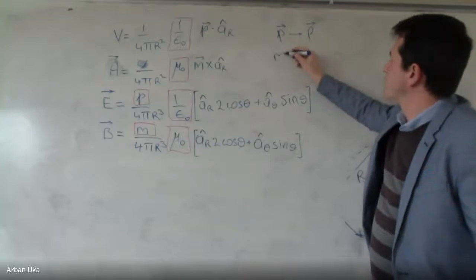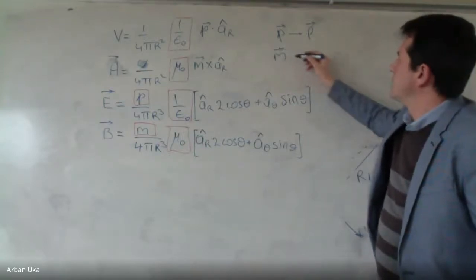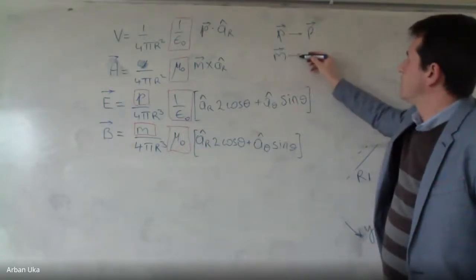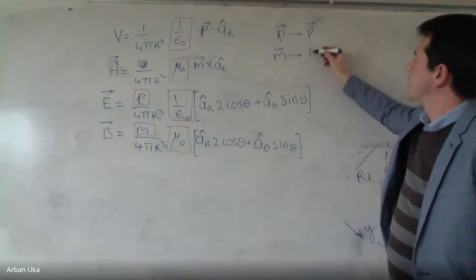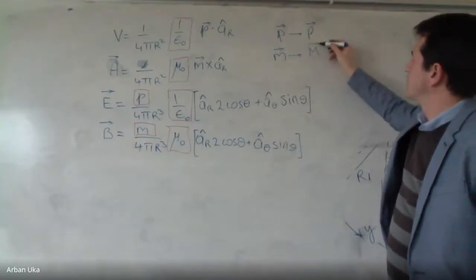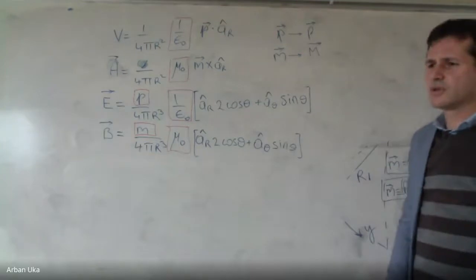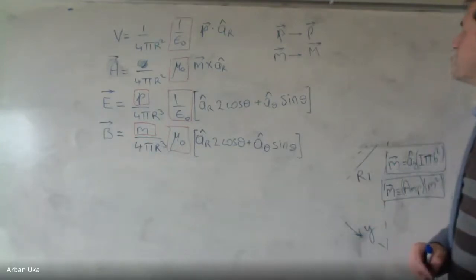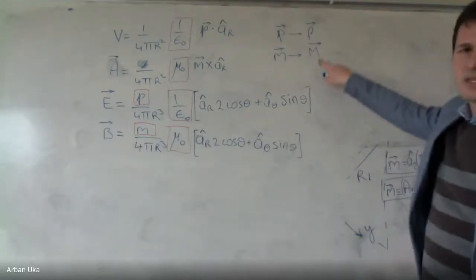Now we also have this small m, the magnetic dipole, which gives rise to the macro scale quantity observed in a piece of conductor, called the magnetization.